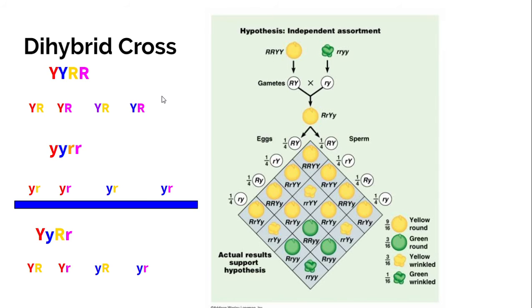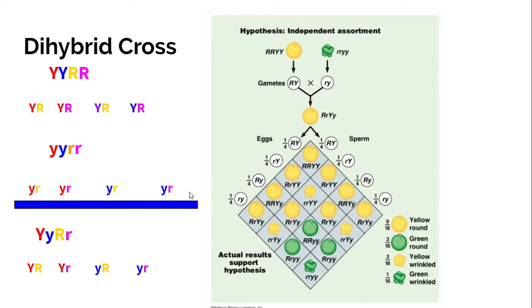So, for instance, in the all capital YYRR, you distribute the first Y with the first R, then the first Y with the second R, then the second Y with the first R, and finally the second Y with the second R. In this case, all the gametes produced by the first parent will be big Y, big R. And if you do the same distribution for the second parent, then all the gametes for this parent will be little y, little r.